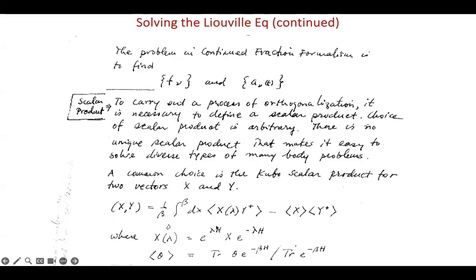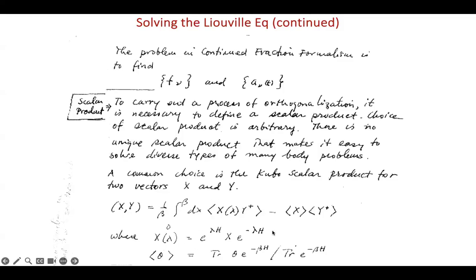This lambda is a dummy variable for temperature, 1 over kT. So you can almost think about x of lambda, instead of a time evolution of x, as an imaginary temperature evolution or something like that. It's it. So it is becoming temperature. It's like a temperature evolution of x. Formally, that's what it boils down to.